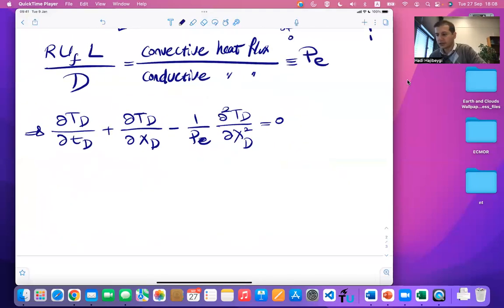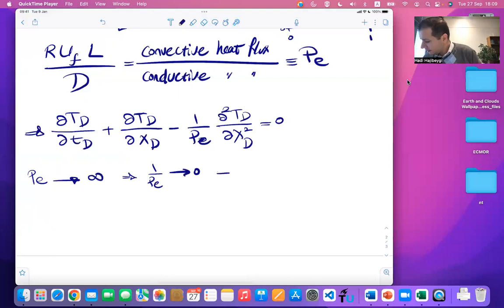And now my question is, if I have a Peclet number that is extremely high, that means 1 over Peclet is extremely small, almost 0, therefore it will be only convective transport. Convective heat is important.